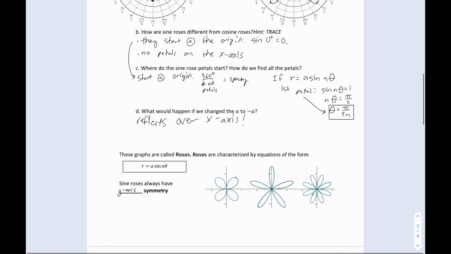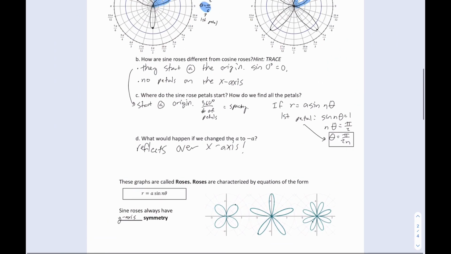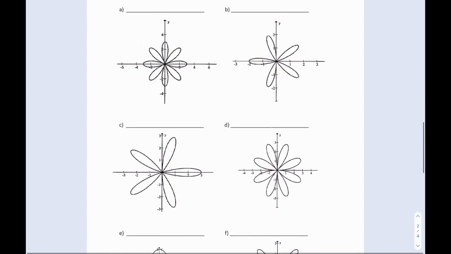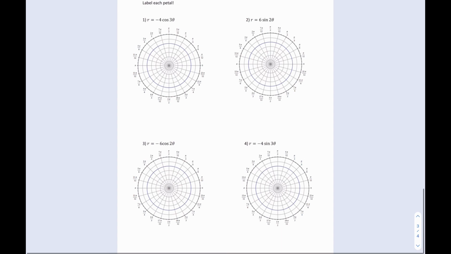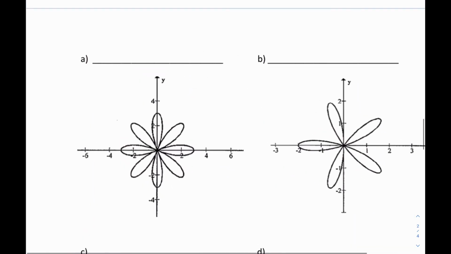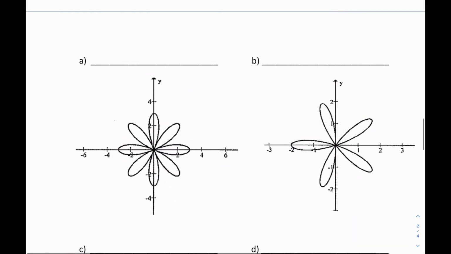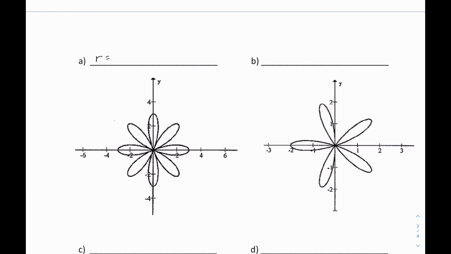Okay, now take some time, try to work through these. There's a bunch of practice roses to find the equation of, and then you're going to graph them. I will do one with you to make sure you got it down. So that's the first one, r equals. What I would do is notice that there's a petal right here on the x-axis, which means it has to be a cosine rose. So that's going to be really important.